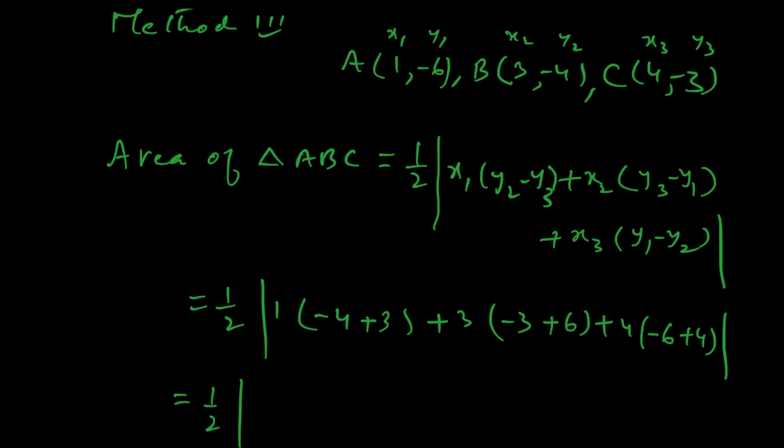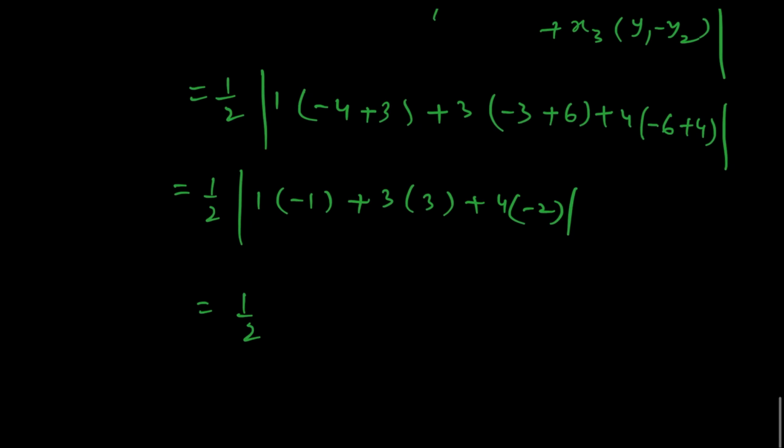1 by 2 mod, 1 bracket 3 into minus 4, minus 4 plus 3 means minus 1, plus 3 bracket 6 minus 3 is 3, plus 4 bracket 4 minus 6 is minus 2.